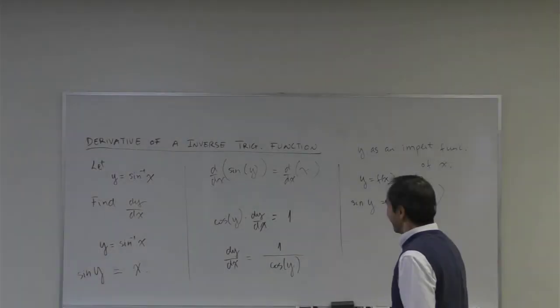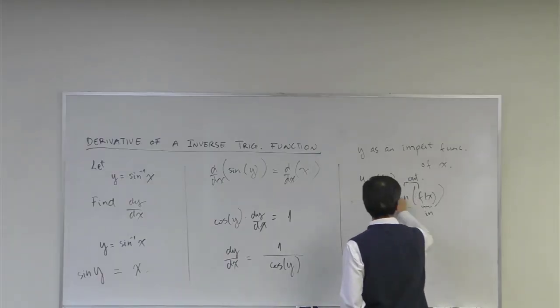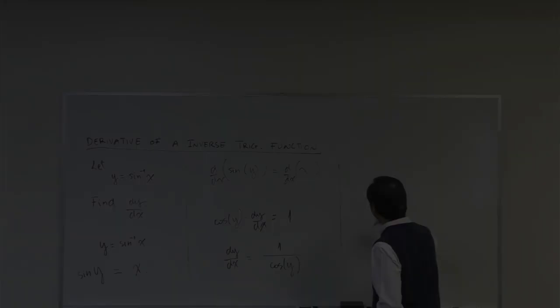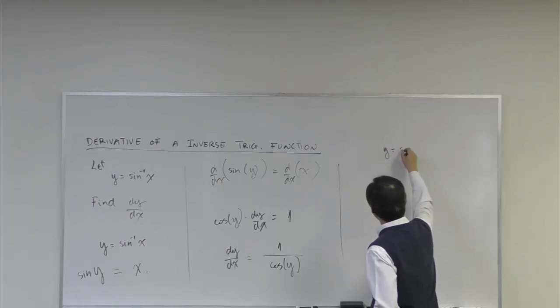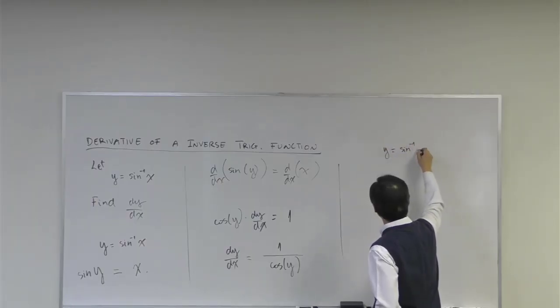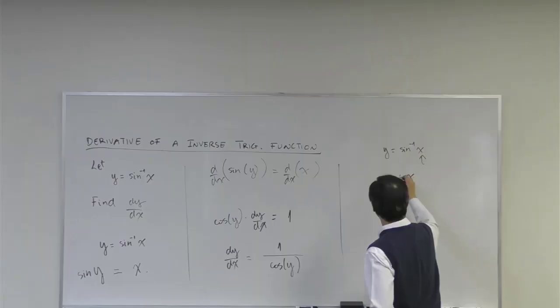Right? And so now, there are many ways to argue this. On one way, you can see this. Now, I've got to remind you of one thing. If y is initially defined as an inverse function, that means the input here can only be anywhere from -1 to 1.